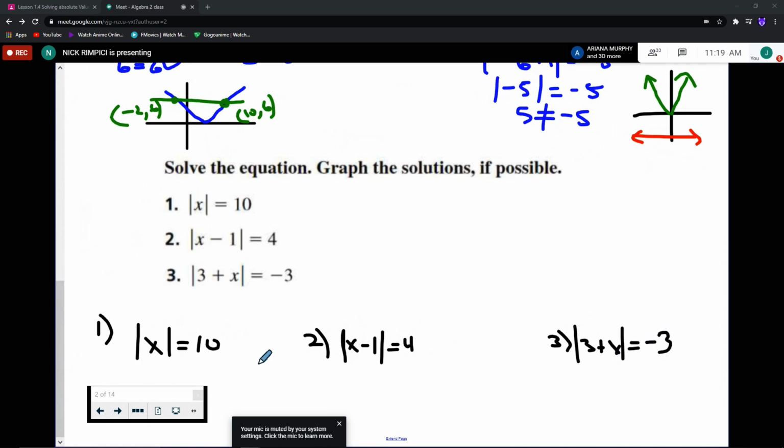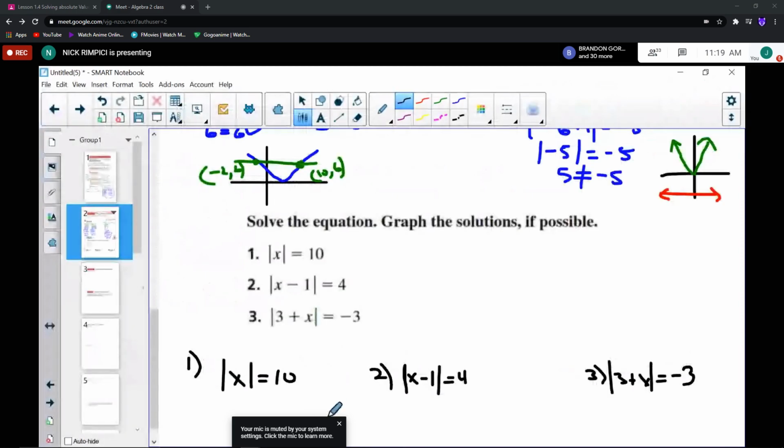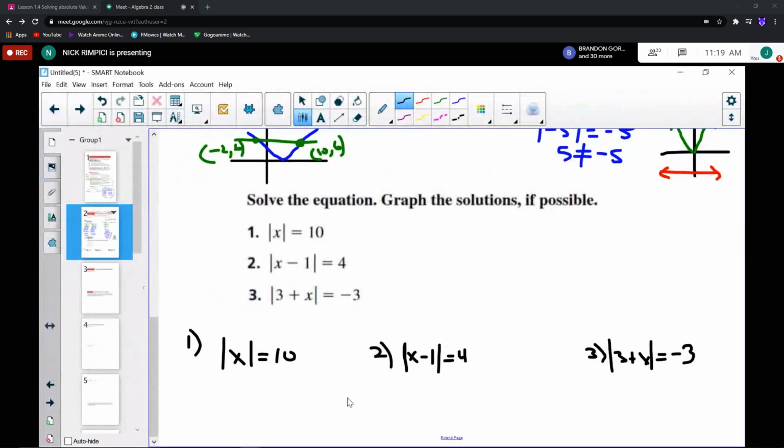I'll give you a couple of minutes to solve these. It should not take long, actually. It's pretty quick. So let's take 3 or 4 minutes. It's really quick. 3 minutes is even good. If you have any questions, I'm listening in. So you have 3 minutes.